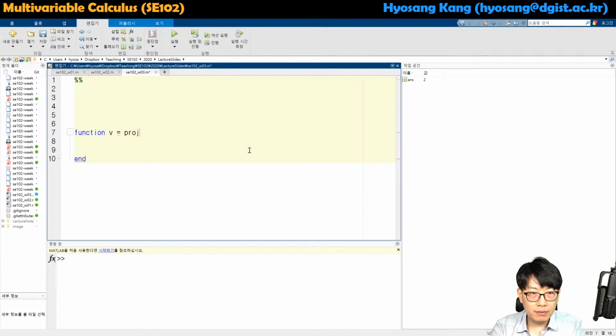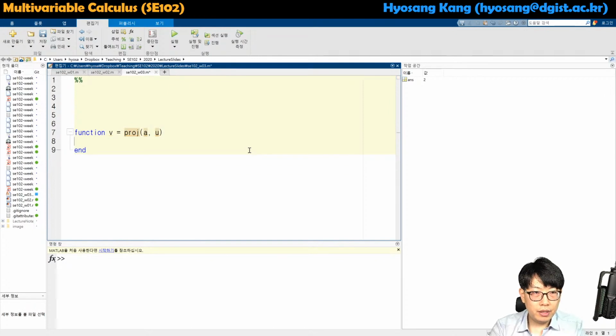So we're going to give a name as proj, for projection. As an input, we need a vector to project on and also another vector to project. So I will say the vector we project on will come first, which is a, and we are going to put u as the vector we are going to project.